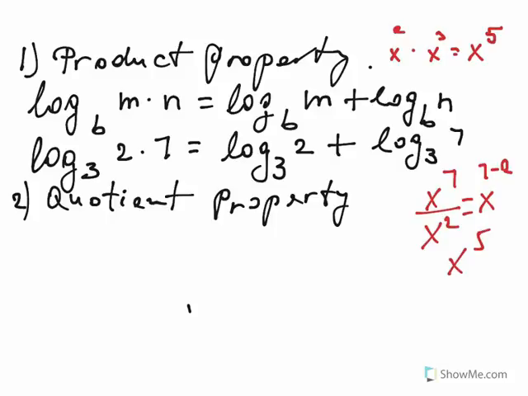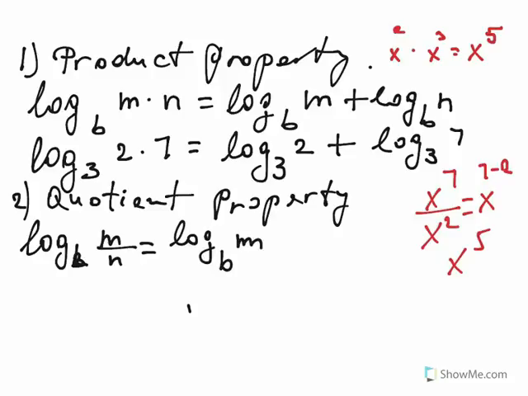So let's go with the quotient property of the logs. Let me go in general form, so I can say it better: log base b of m over n equals log base b of m minus log base b of n.